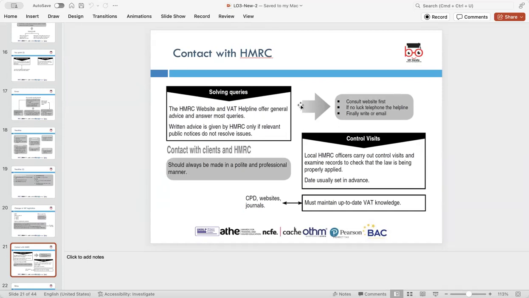When communicating with clients and HMRC, it is important to maintain a polite and professional manner. Control visits by local HMRC officers are conducted to ensure that businesses are applying VAT laws correctly.